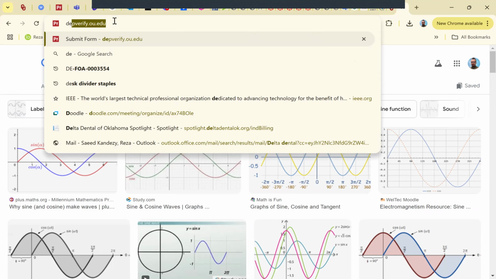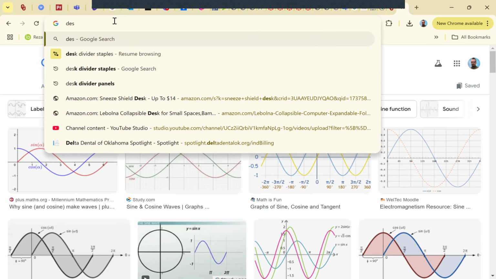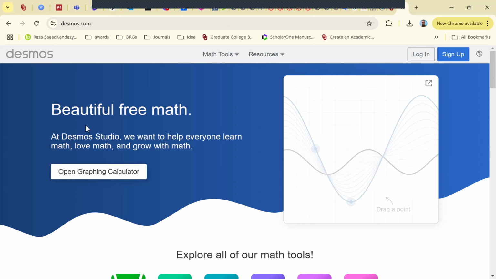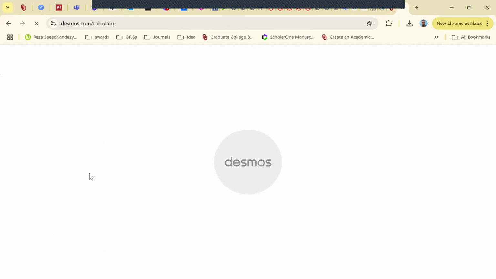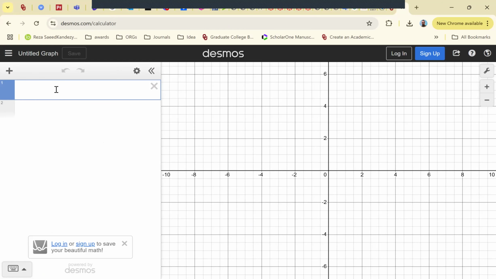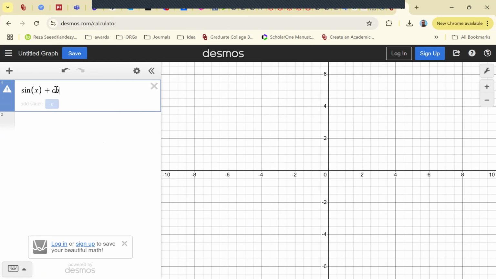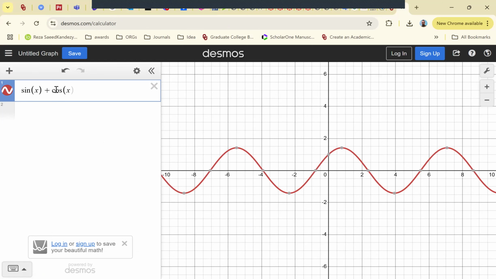Let's go to the Desmos. Sine of x plus cosine of x.